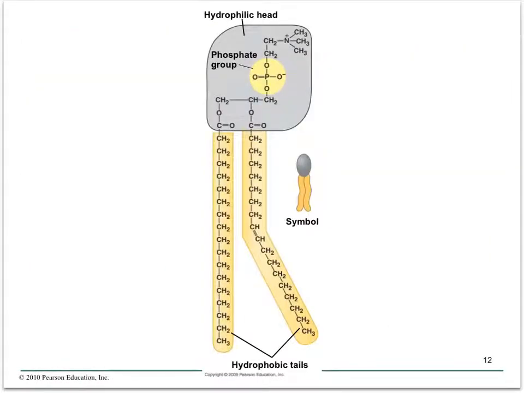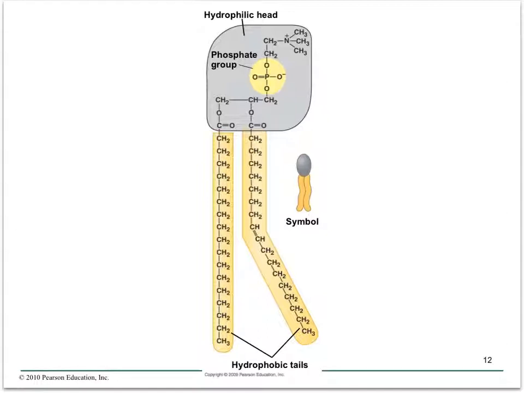So here's our phospholipid so that you can see the chemical structure inside it. I know way back in chapter 2 and 3, it just seemed so foreign that these elements could combine together and start to make our body.